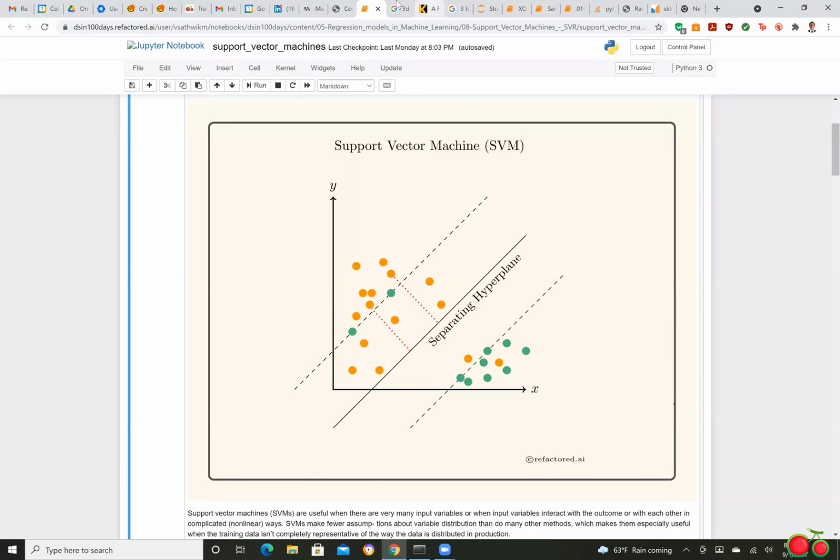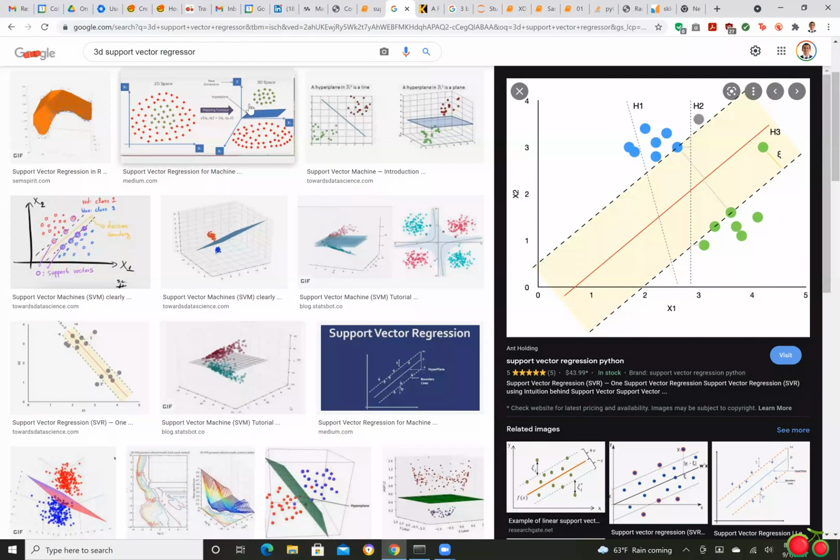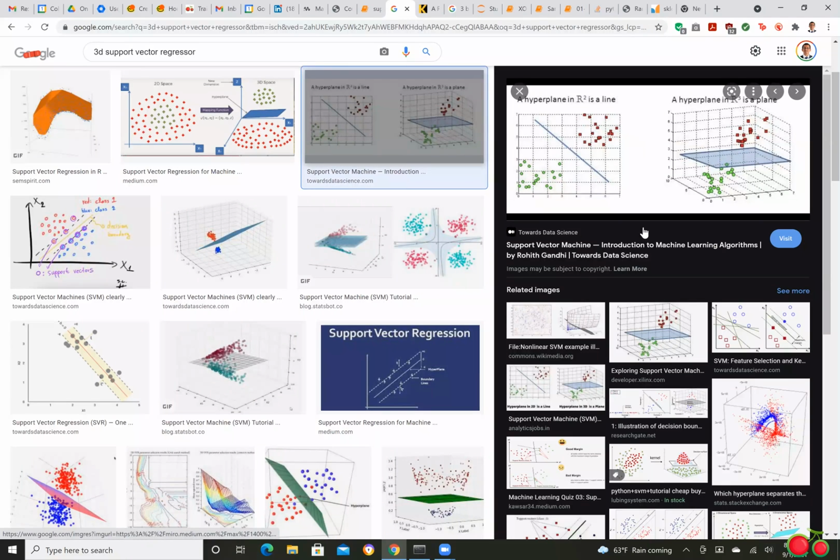Remember the other figure we saw, where multiple hyperplanes are possible? You can draw many. It was a KDnuggets article. Let me find it. Yeah, this was the one, I guess. Is this the one?